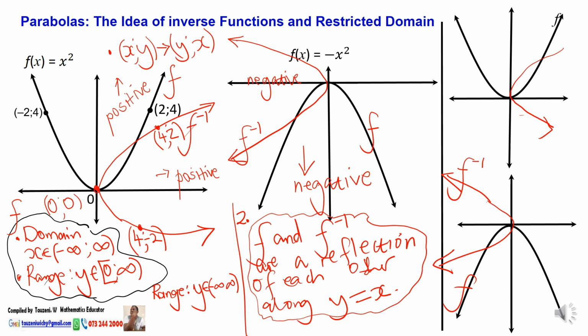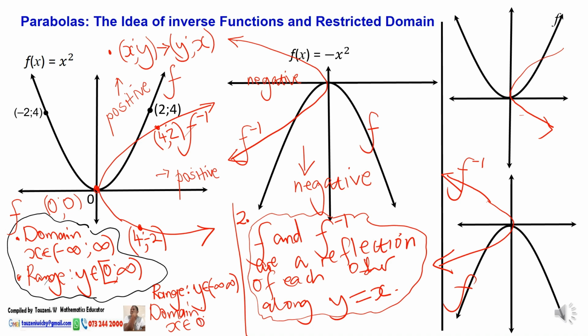In the same way, if you replace y in the range of the function with x, you get the domain of the inverse. So I want to write down the domain of my inverse. I can say that the domain will be x is an element of, and in place of y in the range of the function, you put x.